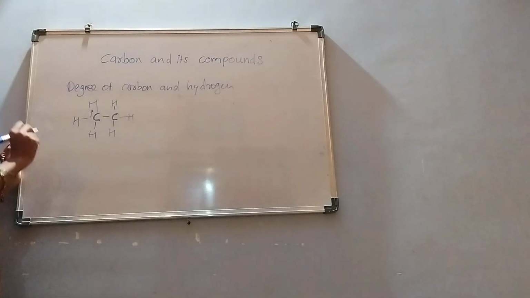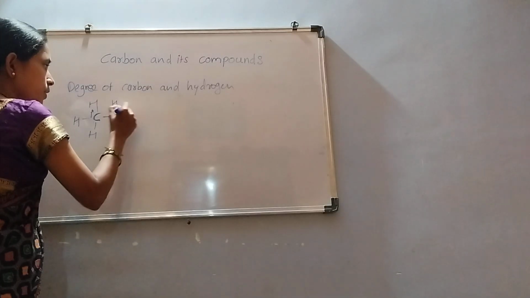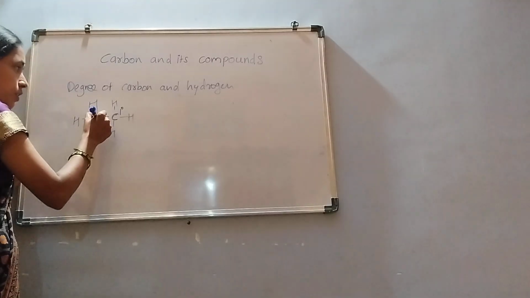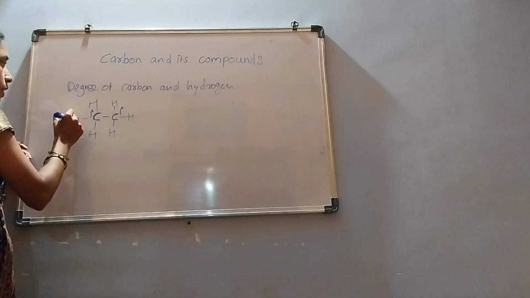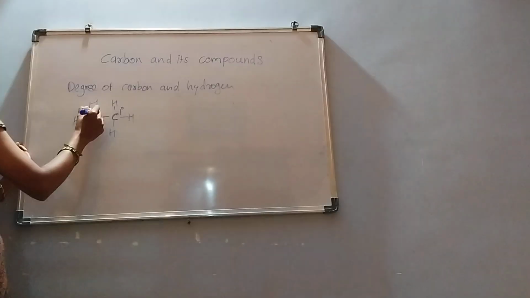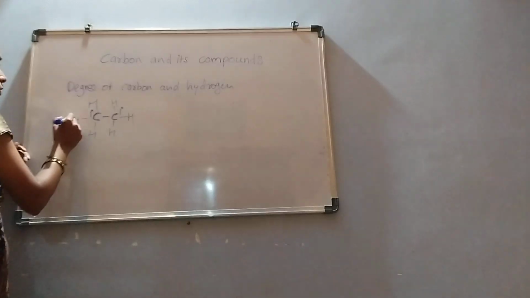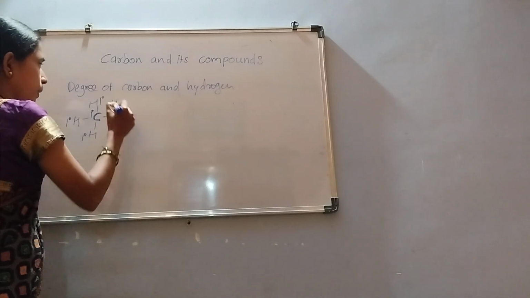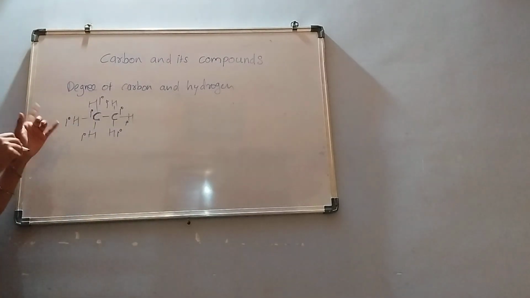So we call it a primary carbon. In this case also it is a primary carbon. And the hydrogens attached to this primary carbon are also called primary hydrogens, the first degree of hydrogen. Here also the same thing, primary hydrogens and primary hydrogens.